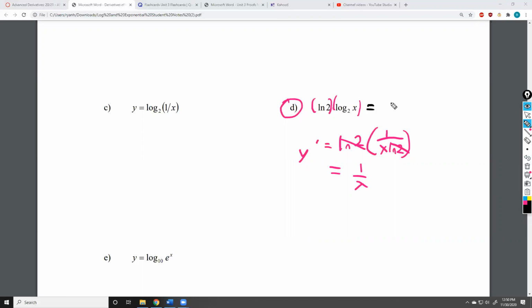Because this is the same as natural log of 2. Again, if you remember your rules of logarithms, you can rewrite this with a change of base formula as natural log of x over natural log of 2, and then these cancel, and this is just natural log of x. Guess what the derivative of natural log of x is? Would you look at that?